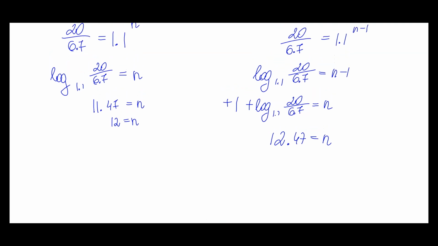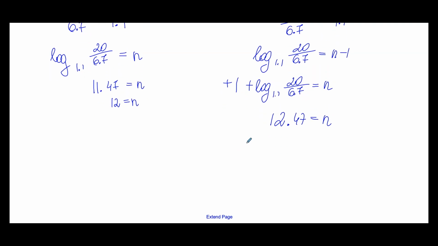Let me explain that our term 1 was 6.7. Don't forget that in this particular question, n represents the number of years. Though here n is 1, how many years does that n stand for? 0 years, because no years have passed.